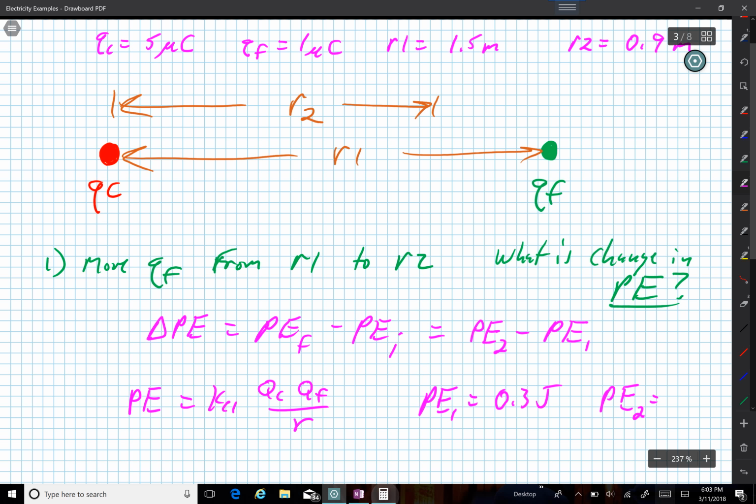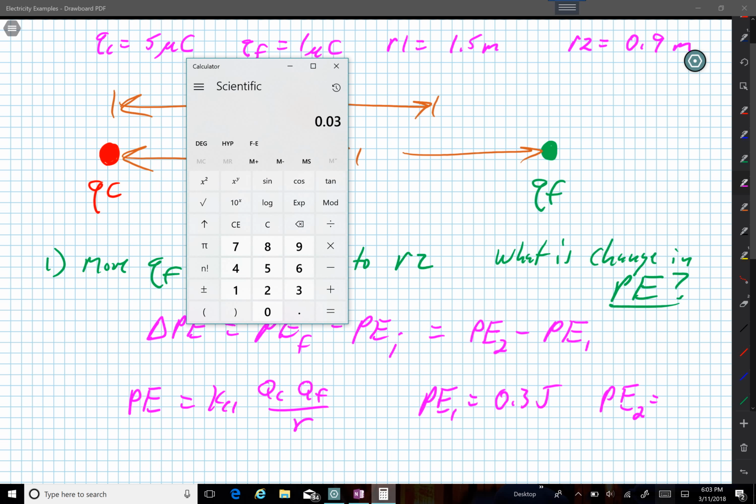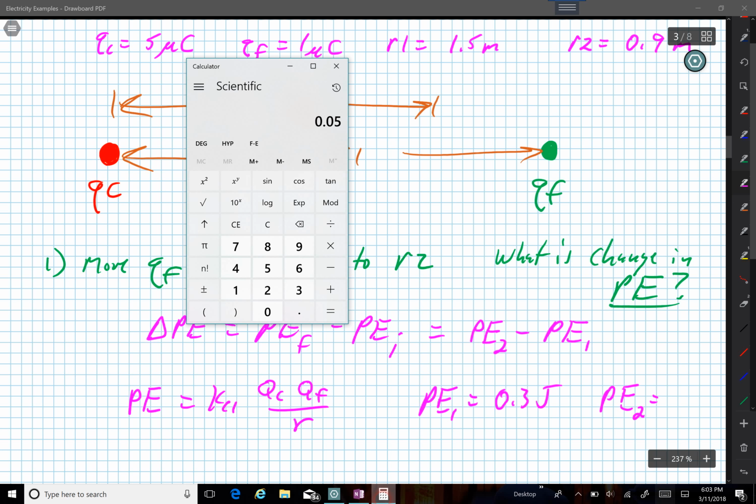And PE2 is 9E9 times 5E-6 times 1E-6 divided by 0.9 equals 0.5.